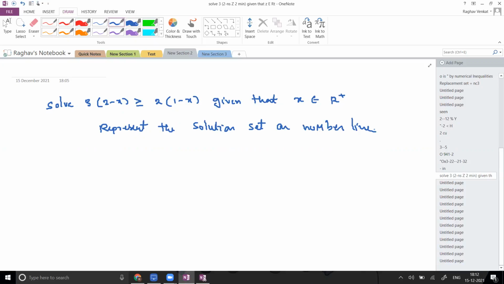Whether they are defined or not defined, take after 0 everything. 0 is the open interval.